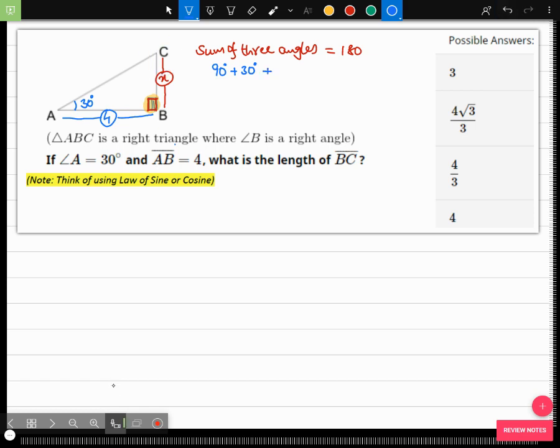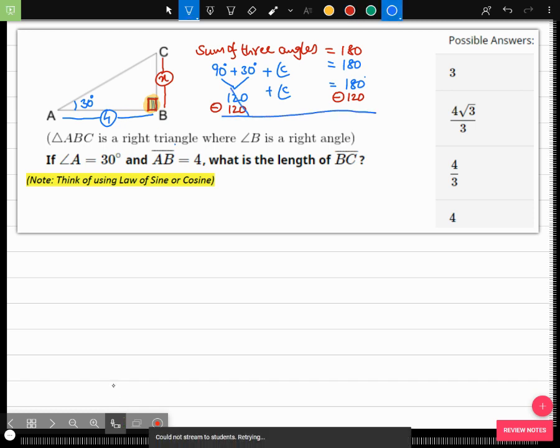So let's say angle C: 90 plus 30 is 120 degrees, plus angle C is 180. Now you know how to isolate. We go for inverse operations and subtract. So angle C equals 60 degrees.